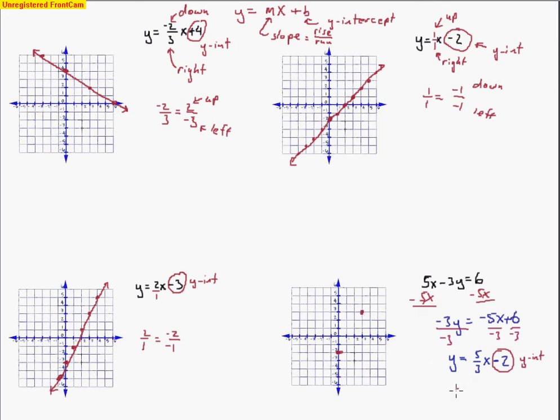And so 5/3 is the slope, but I could also treat that as -5 over -3. So I could go down 5. 1, 2, 3, 4, 5 would be off this graph. 1, 2, 3. The point would be somewhere right around there. And then from that point, I've got a few points to be able to draw a nice line through. So that's what our line looks like.